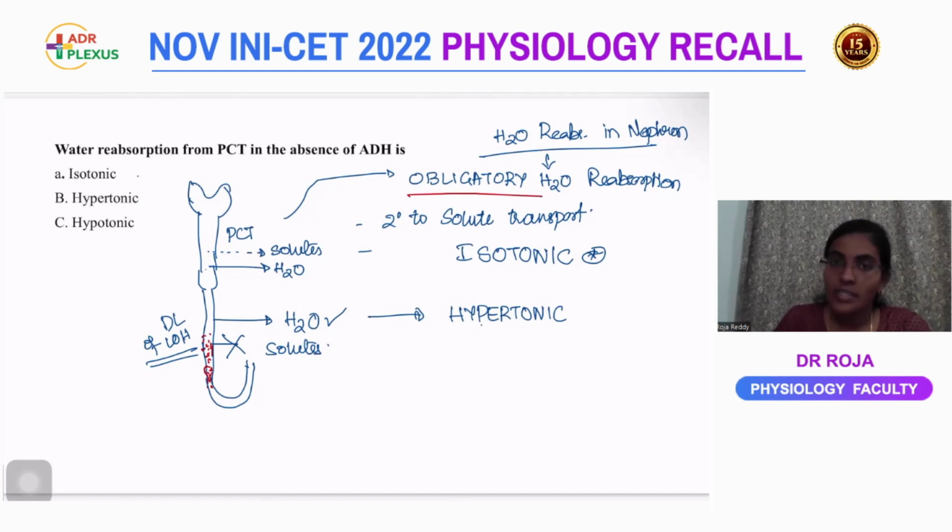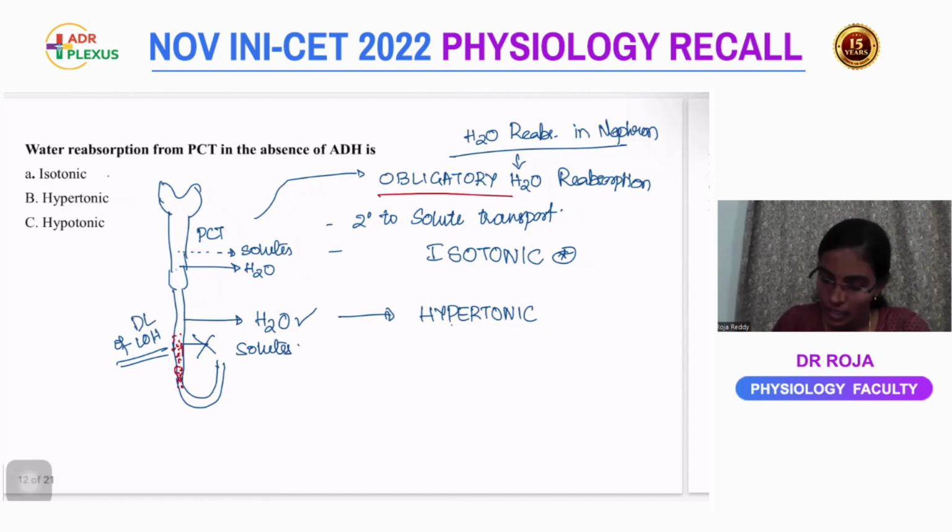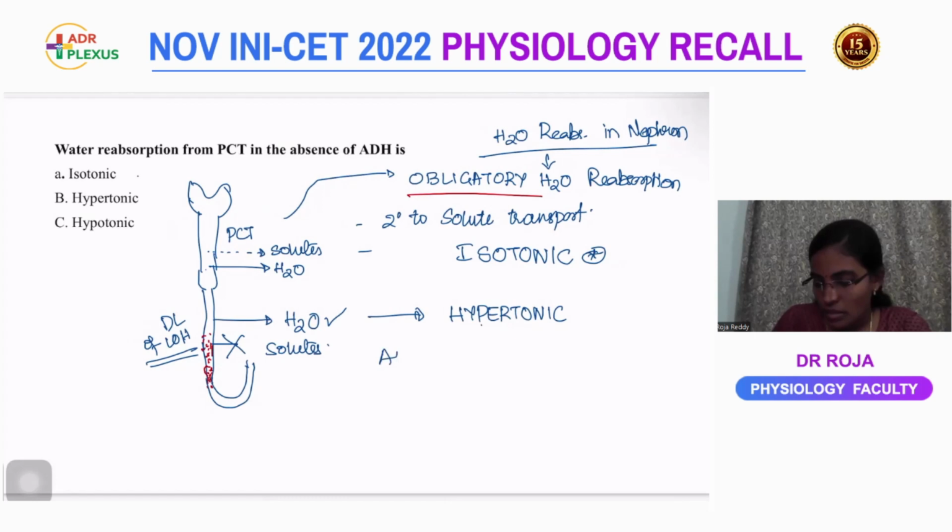Now the ascending limb of loop of Henle is not permeable to water, but permeable to solutes. So if it is not permeable to water and permeable to solutes, what will happen? All the solutes will be reabsorbed into the plasma and water will be retained inside the tubular lumen.